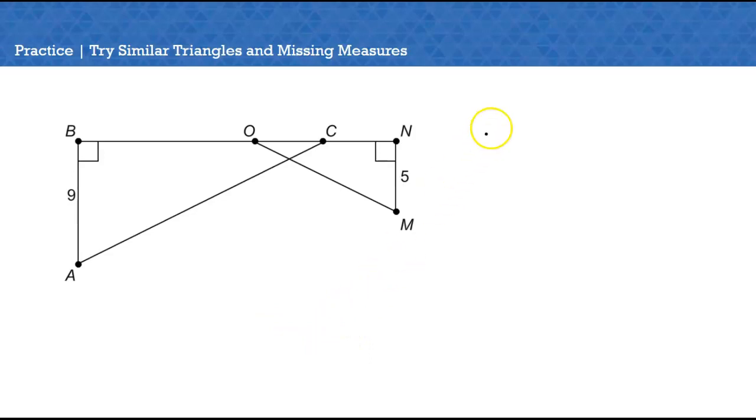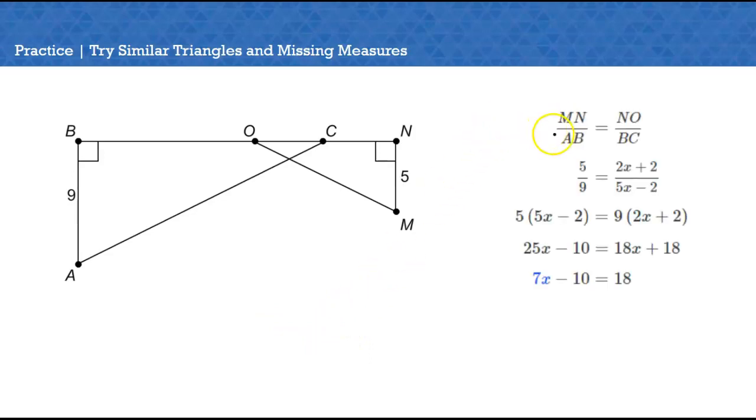When we do that, we'll cross multiply so that we get 5 times 5x minus 2 is equal to 9 times 2x plus 2. 5 times 5x is 25x. 5 times negative 2 is negative 10. 9 times 2x is 18x. 9 times 2 is 18.